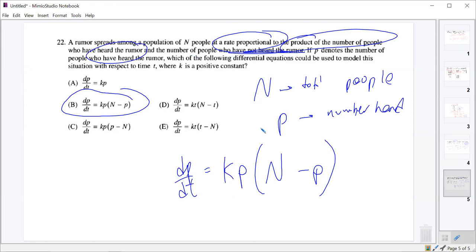Well, if it's the product of those things, it should be P, the number that have heard, and N minus P ought to be the number that have not heard, because it's the total number of people in the population, N, minus the number that have heard it. Does that make sense or no? Yeah. Okay. Anybody else? Any other questions on 22 there?